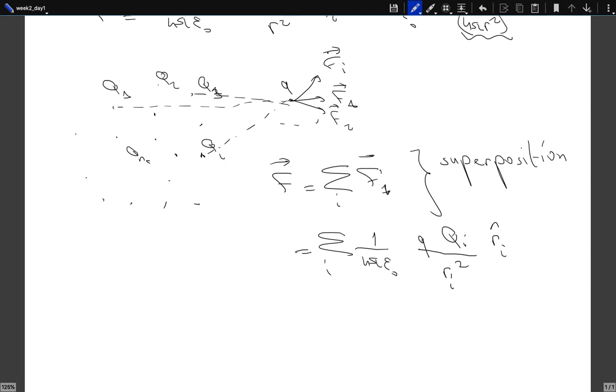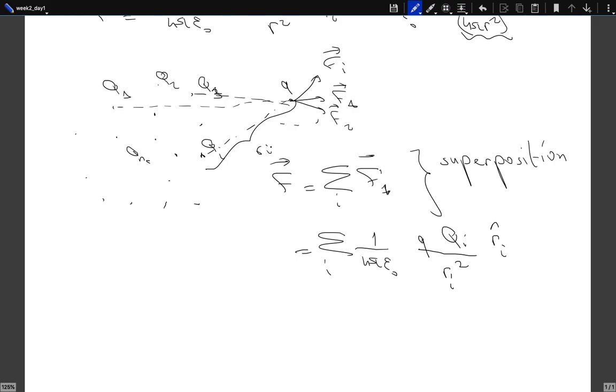And then I need to write the force created by this charge, which Coulomb's law tells me is 1 over 4 pi epsilon 0. The product of the charge that is feeling the force and the charge that is creating the force is just Q times Qi, divided by their separation squared. This distance I call Ri.